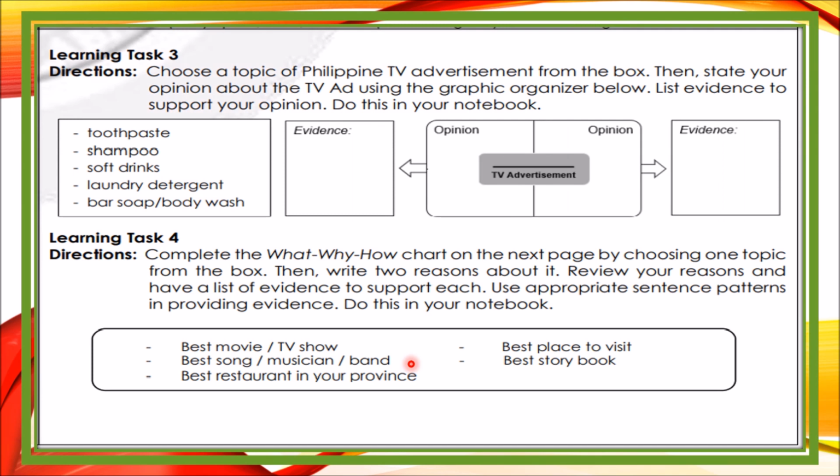Use appropriate sentence patterns in providing evidence. Do this in your notebook. So you have to choose again only one. Is it best movie, TV show, best song or musician or band, best restaurant in your province, best place to visit, best story books, and you have to support why it is best like that. Show evidences.